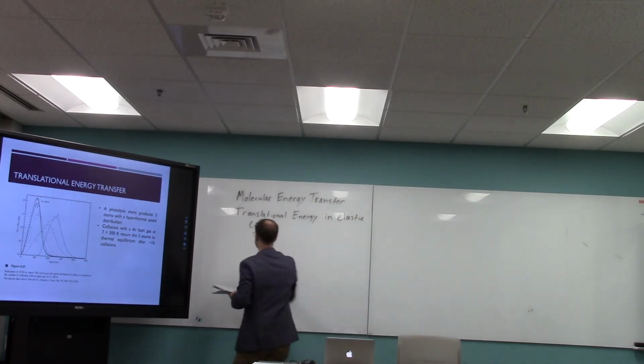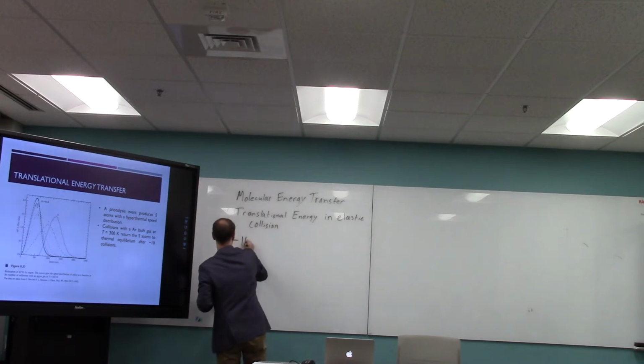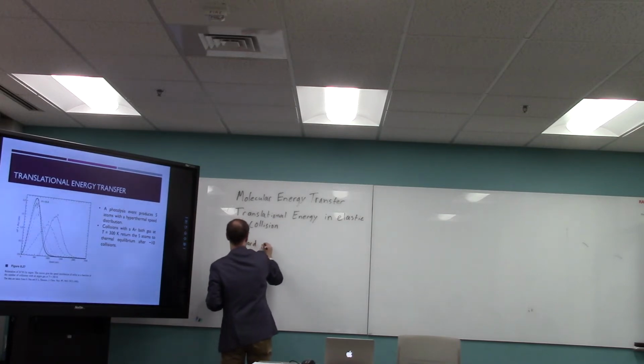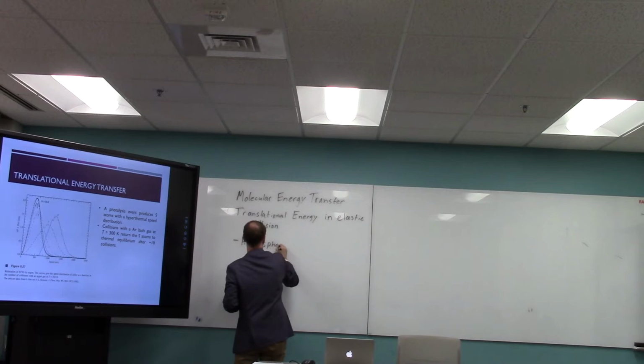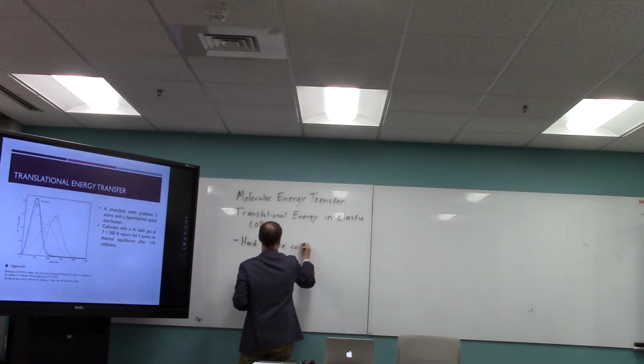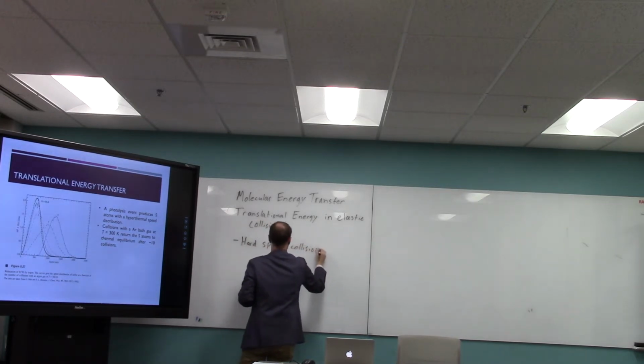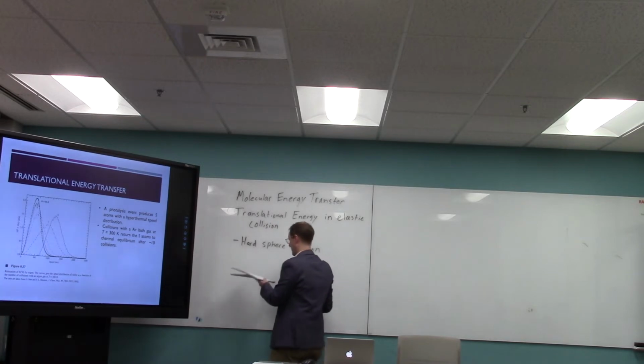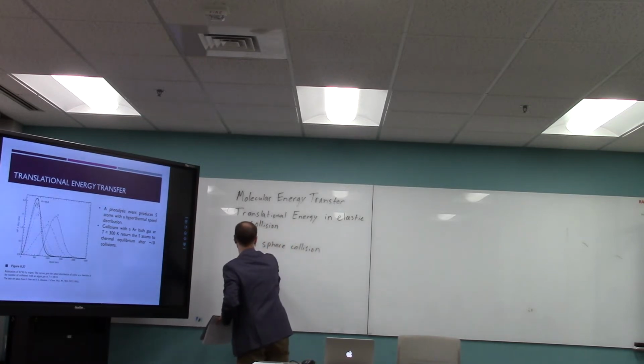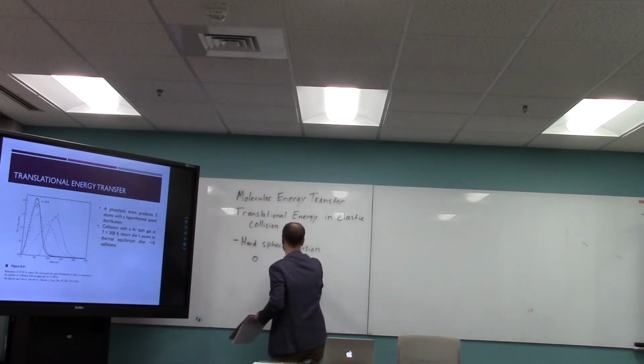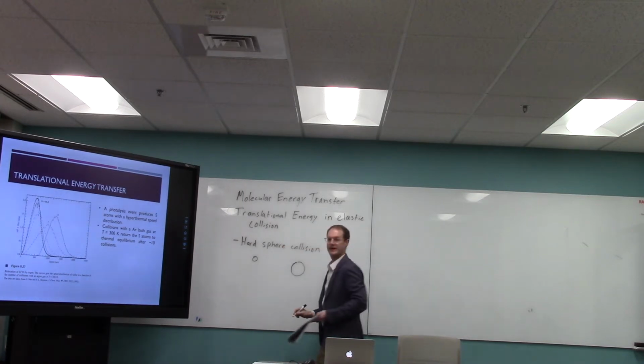So if you look at the case of a hard sphere collision, basically you have two colliding partners. I'll draw them like that.